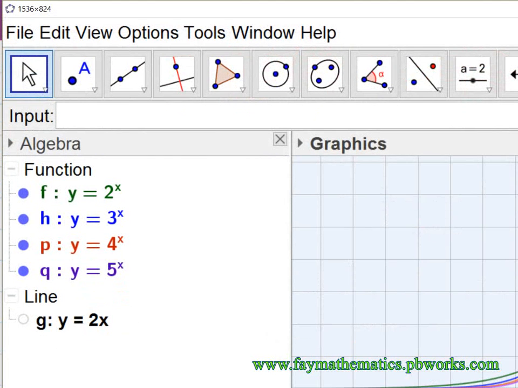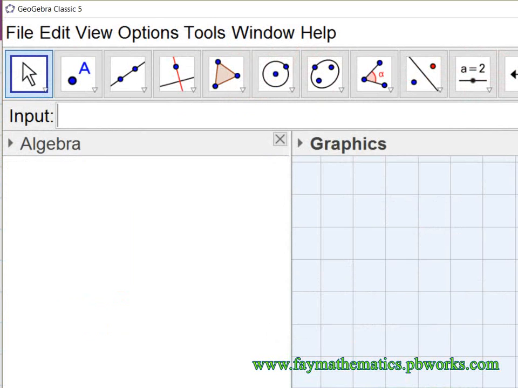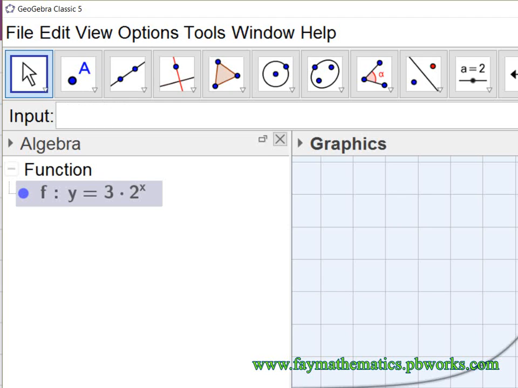Let's go y equals 3 times 2 to the x. And you see now, 2 to the x looks like that. It was always going through 0, 1, but instead of a 2, now we got a 3 out in front being multiplied by that. So it's going to make that now my first ordered pair when x is 0. You'll investigate that much more when you get into Algebra 2.